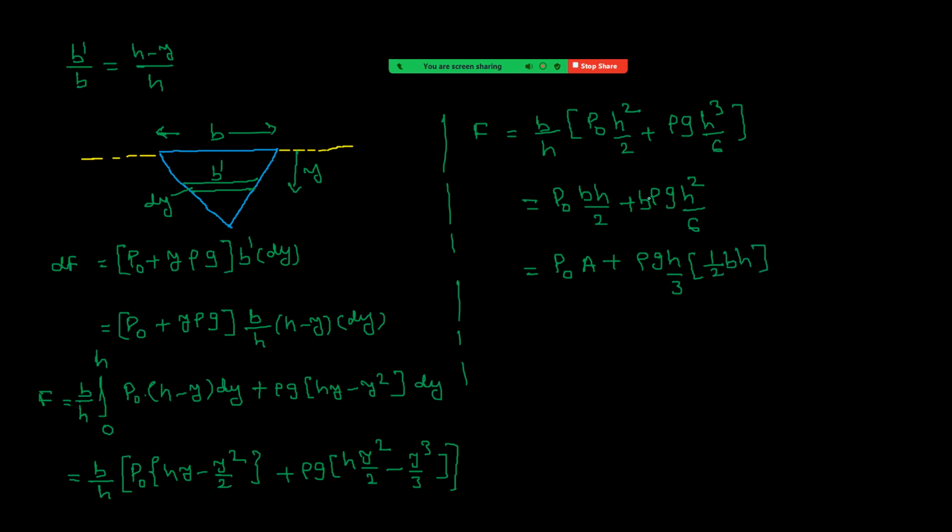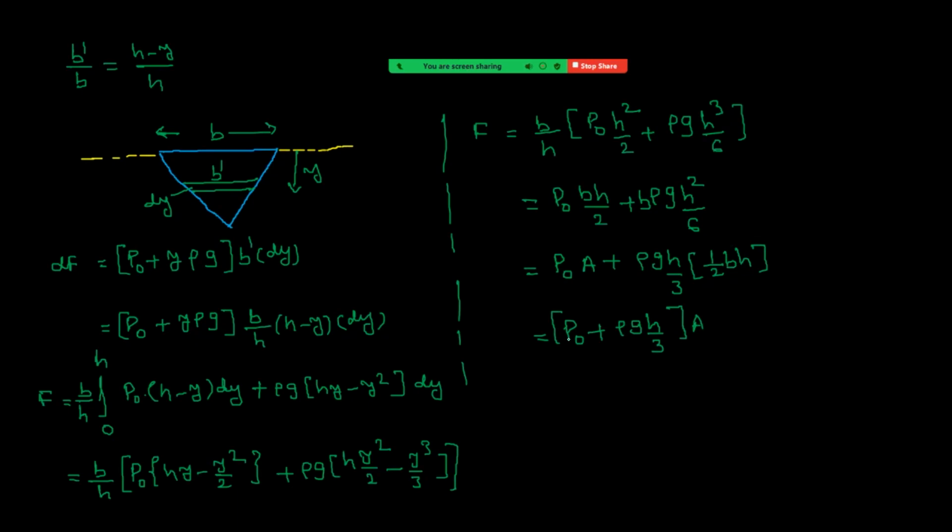Cross check once. Remaining is BH by 2, this is also the area. That means this is equal to P naught plus rho G H by 3 into area. Right?